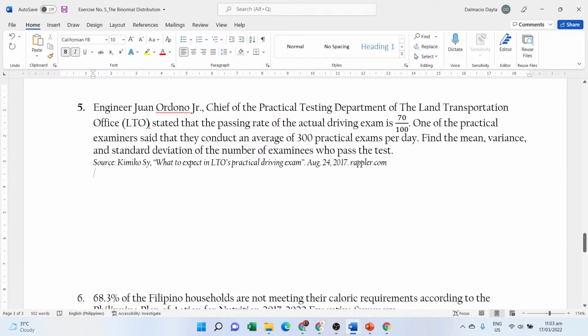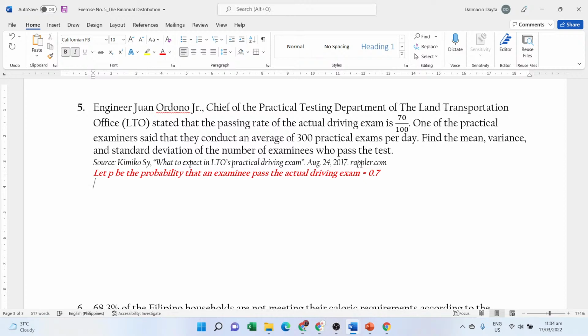Representation tayo, no? Pagka natin ng P. Let P be the probability that an examinee pass the actual driving exam. That is equal to 7 over 10 or 0.7, 70 over 100. Next, Q be the probability.